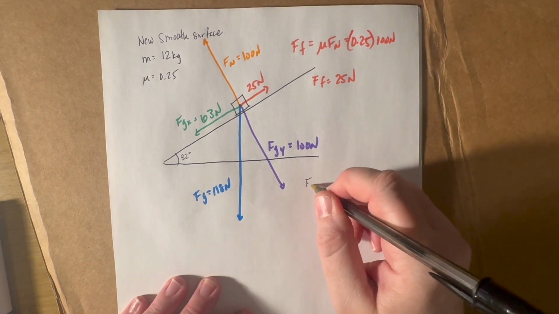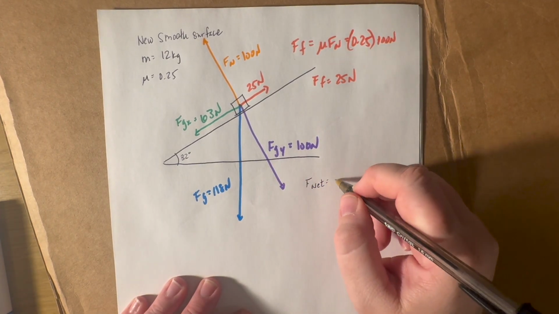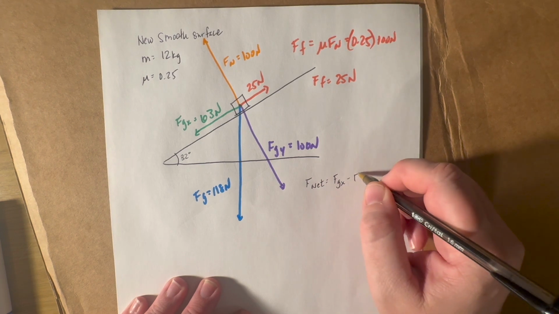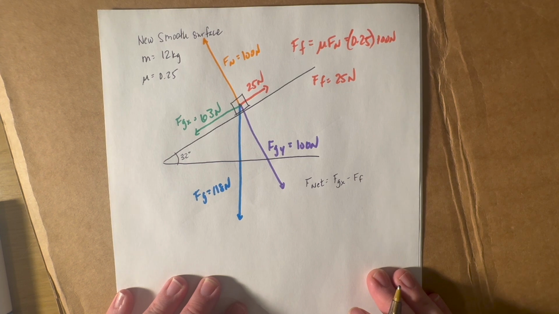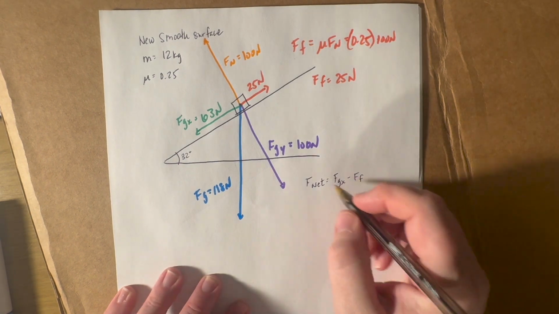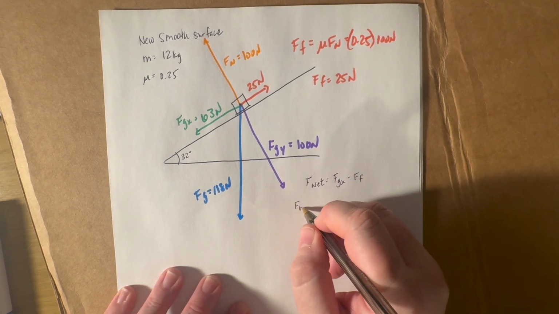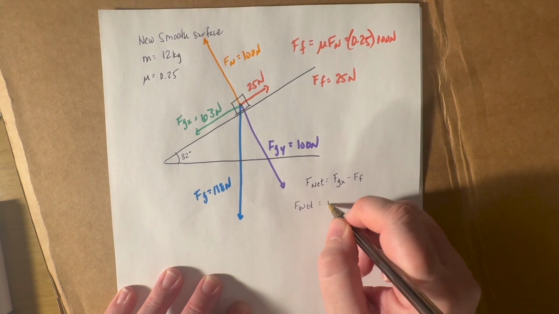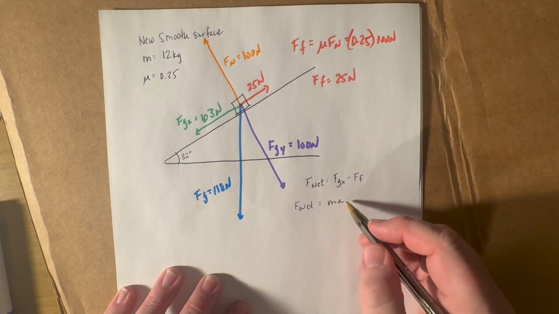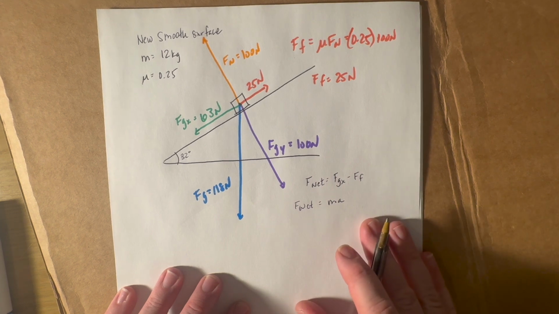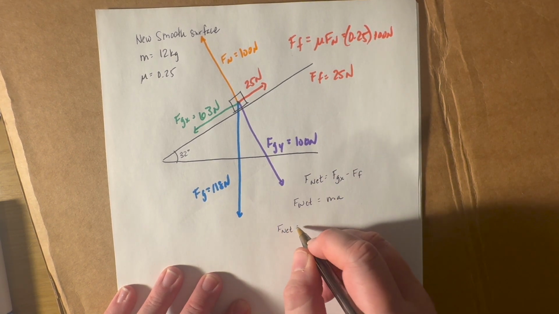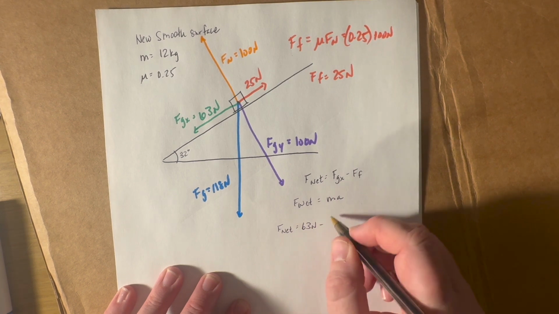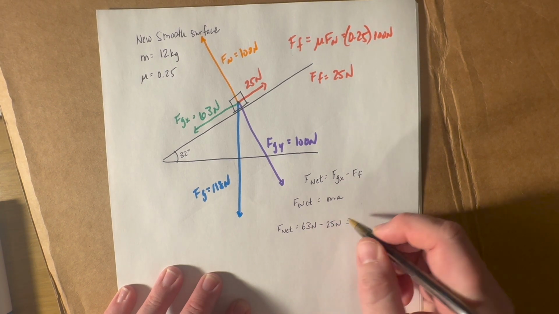Because we know that our F net is always equal to our Fg of x going down the ramp minus our force of friction that's going against the motion. And because of that, we're able to make some sense of what's going on here. We know our Fg of x ends up being 63 newtons. We know our force of friction is 25 newtons, so we can get our net force equaling 38 newtons here.